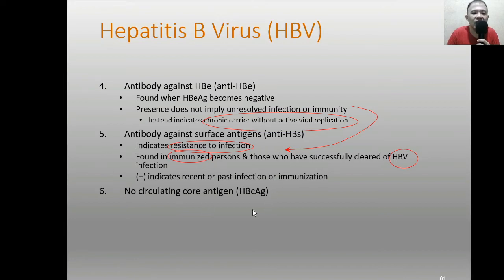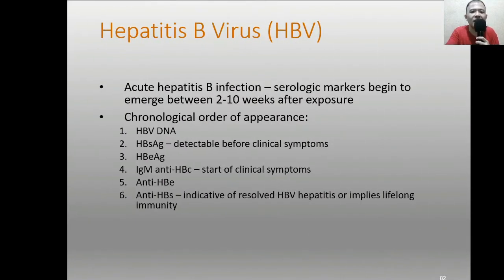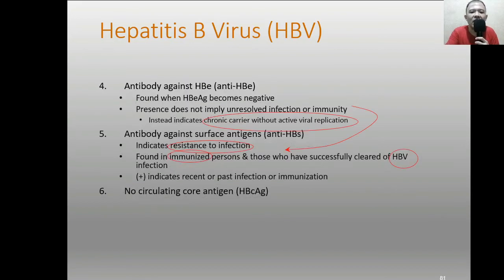You might wonder why there is no HBC, the core antigen. It's because you cannot get the level of the core antigen from the blood. It stays in the liver. The serological markers begin to emerge 2 to 10 weeks after exposure. If you notice, the incubation period of hepatitis B virus takes a longer time.